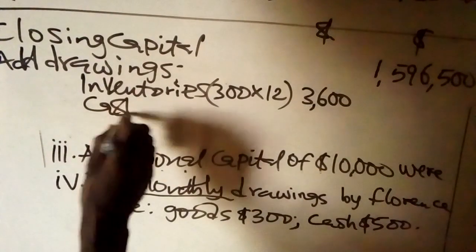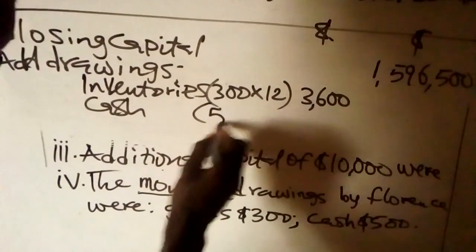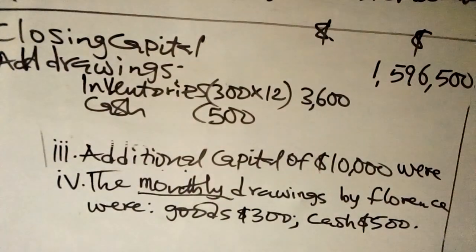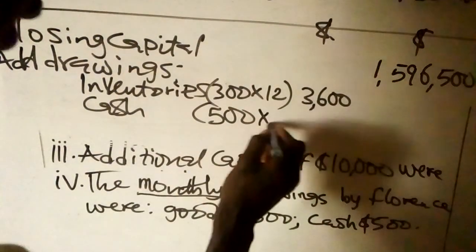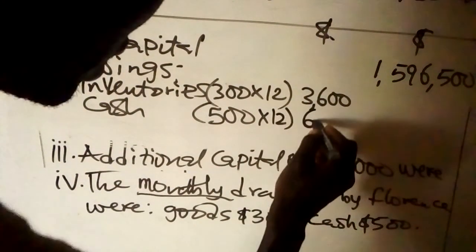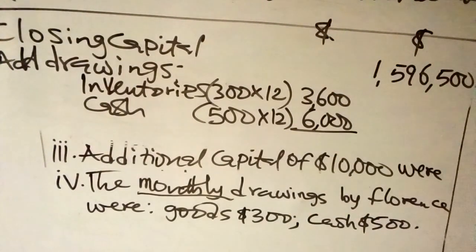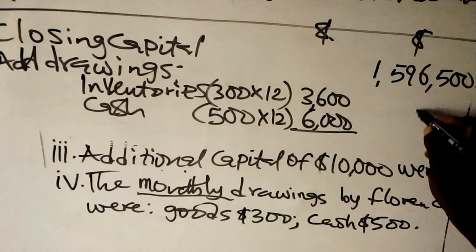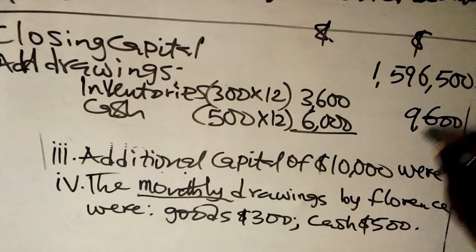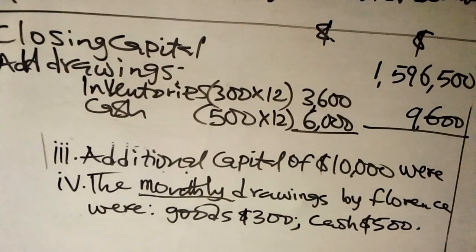Then drawings by cash, 500 monthly times 12 months, gives us 6,000. Therefore, the total drawings is 9,600. By the time you add your drawings to your closing capital, you have 1,606,100.